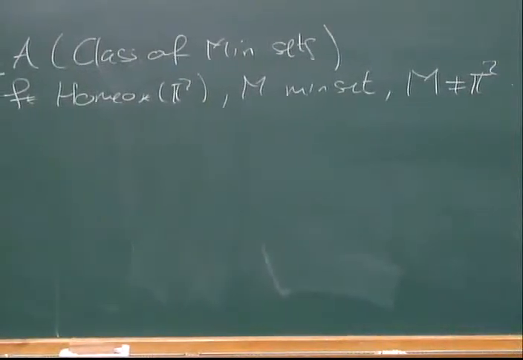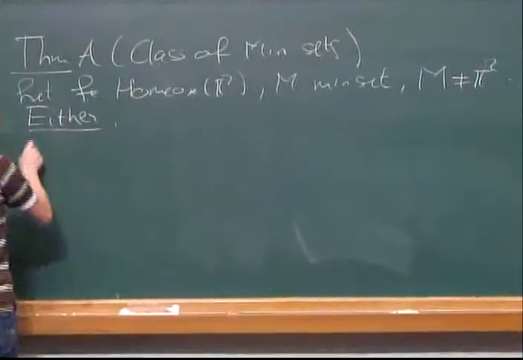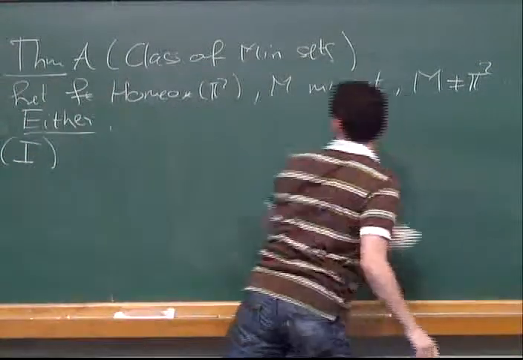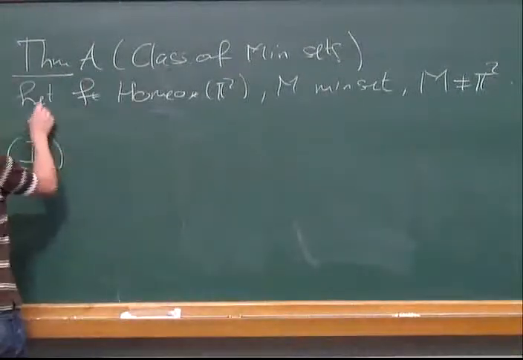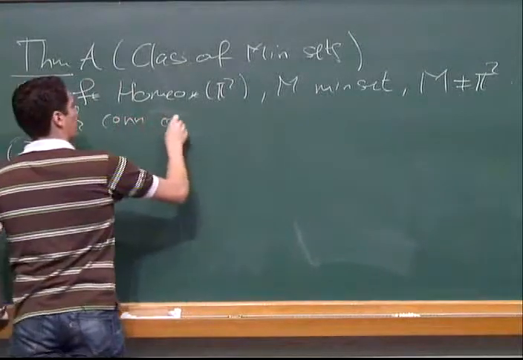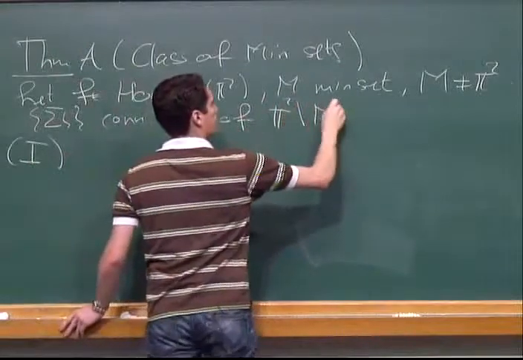So then there are three possibilities. Oh, and I should say let sigma k be the connected components of the torus minus the minimal set.